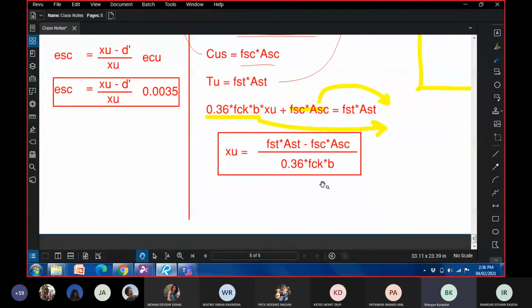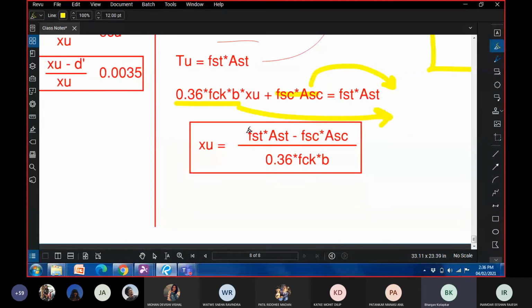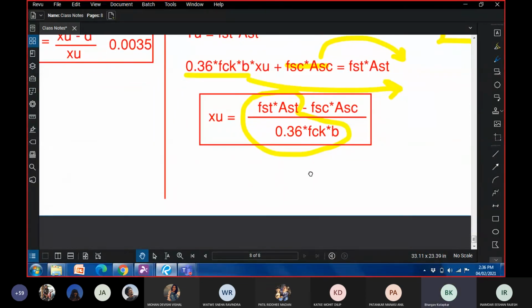So what we had before in singly reinforced beam is only this portion. In doubly reinforced we have FST AST minus FSC into ASC upon 0.36 FCK B. Now the question still remains as to what is the value of FST and what is the value of FSC.